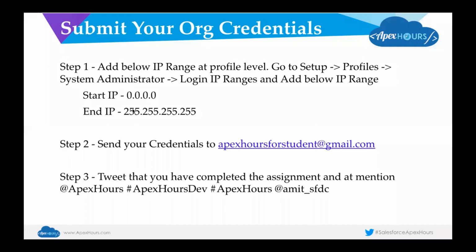I hope everyone's profile is this; if yours is different, go to that profile and add these login IP ranges. For the start IP range, add 4 times 0 separated with a dot, and for the end IP range, add 4 times 255 separated with a dot. Once you have completed this, send your credentials to this email ID, and we will have a look.